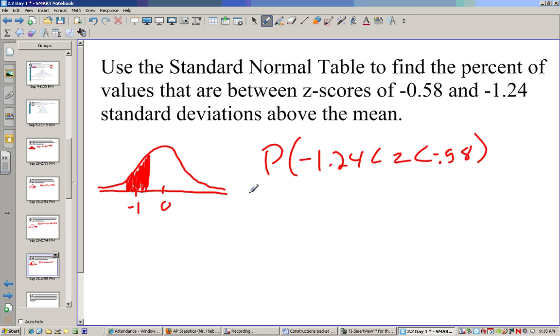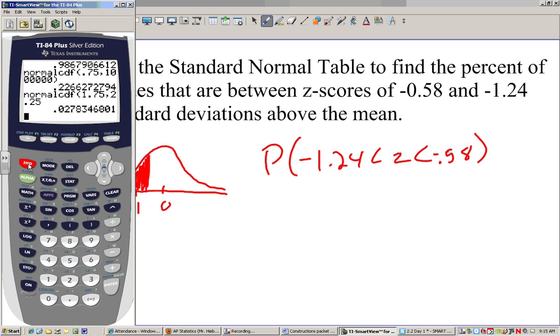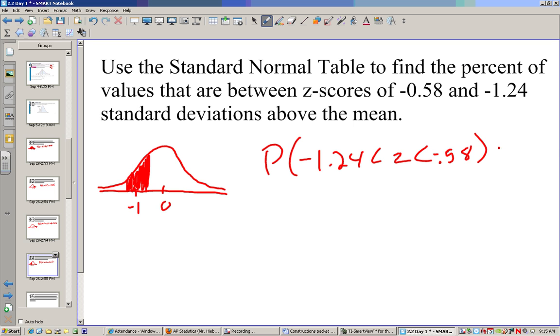I'd say maybe 30% again. I was wrong the last time I said 30%. Let's see how I am here. We're going to go from -1.24 to -0.58. 17%, way off. 0.1734. All right, so 17% of the data is right there.